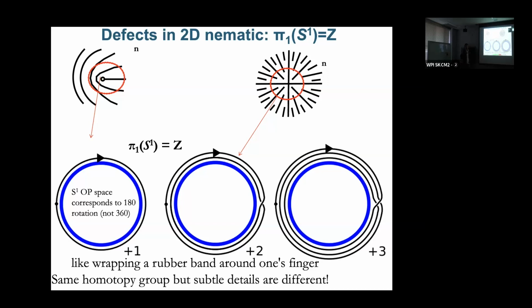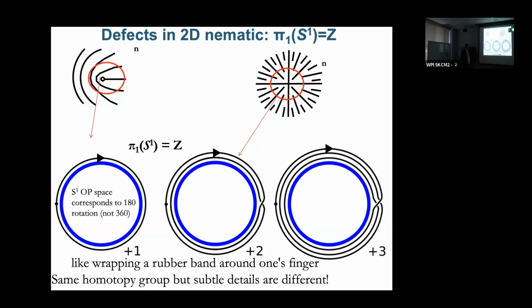There is another convention where people would characterize these defects by mapping from this circle, not to that, I would say, pure mod-defined circle, but a regular circle. And in this case, you already covered half, so this would be half integers.